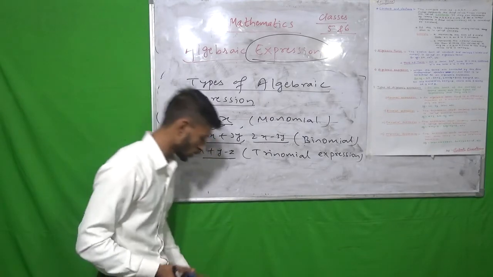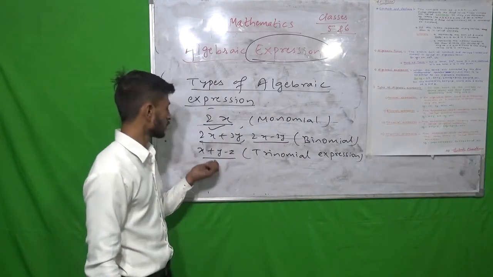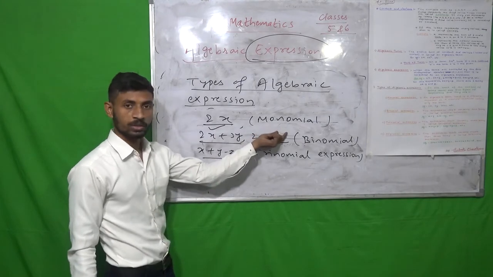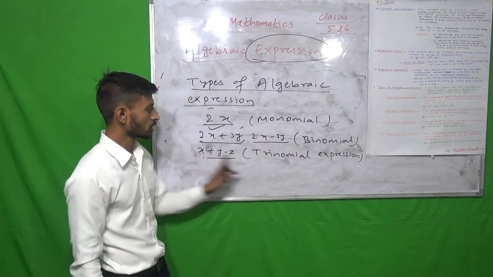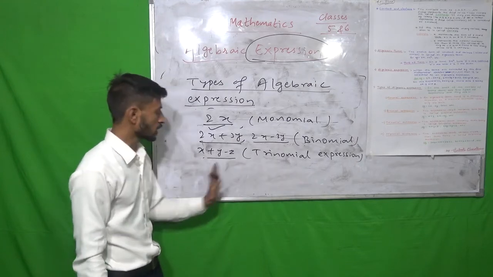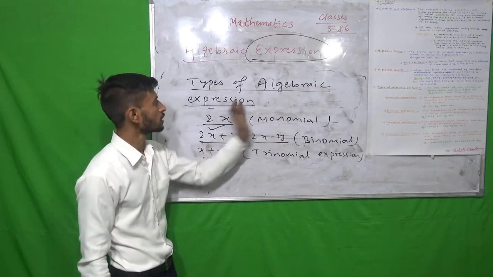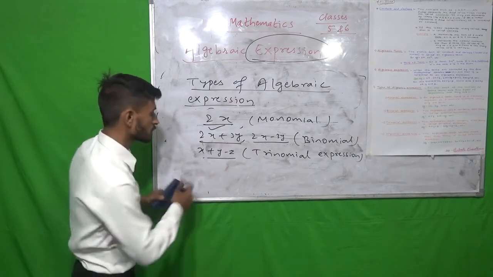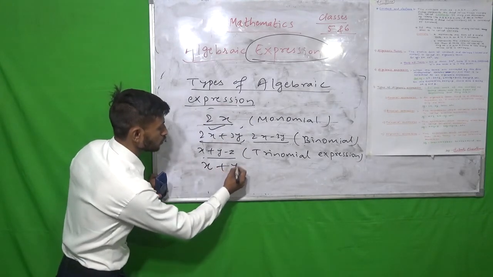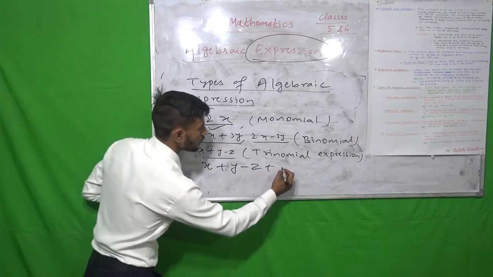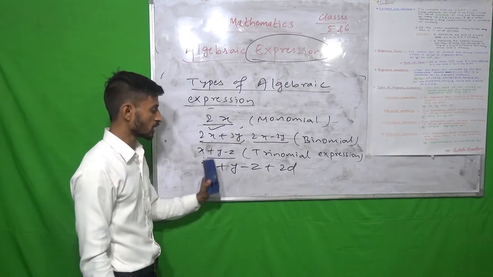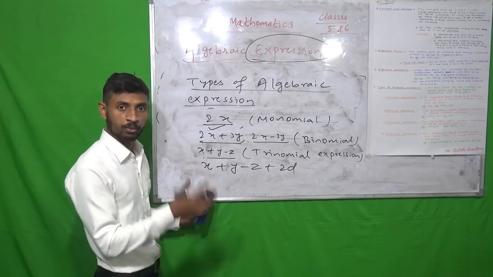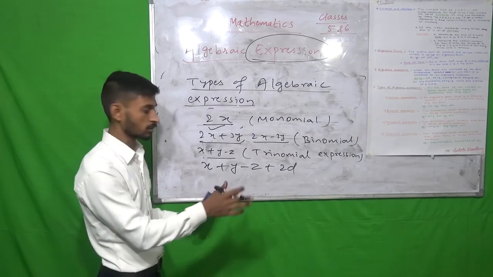If more than three terms, then what is that called? 1 monomial, 2 binomial, 3 trinomial, and the expression having more than three terms, like x plus y minus z plus 2d. More than three terms means having 4 terms, 5 terms or 6 terms, like this.